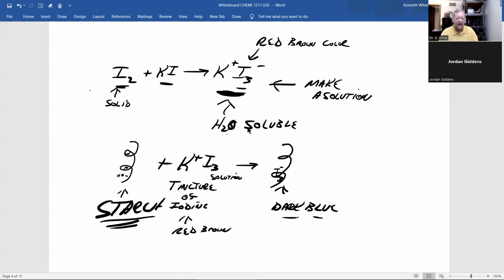And this happens, and this shows you there's a starch present. So this is a great way to test food back when they didn't know, is there starch in there or not?